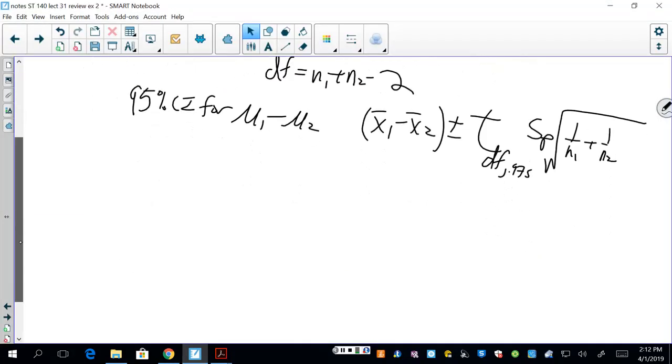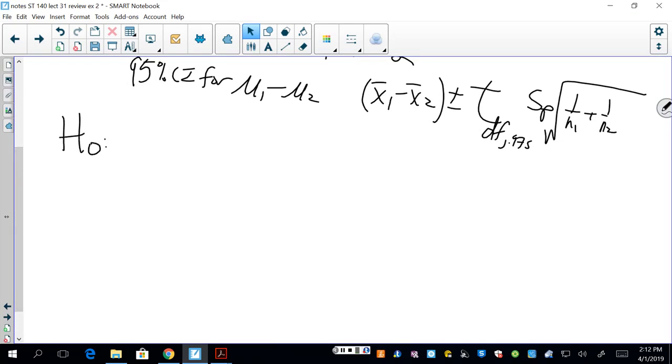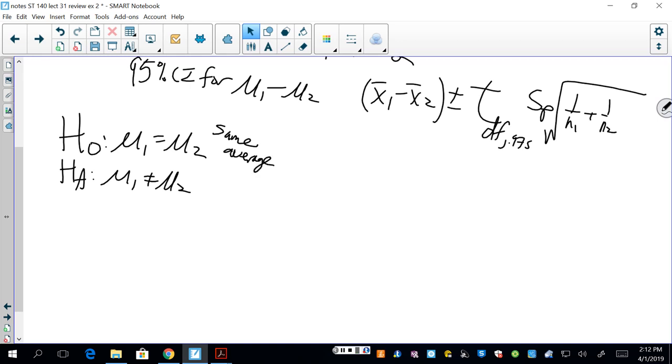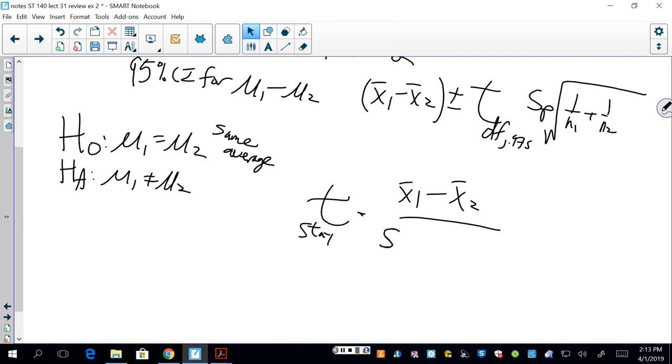The hypothesis test version of this is mu1 equal to mu2 versus mu1 not equal to mu2. So this one is the same average versus not. The t statistic that we calculate is x bar 1 minus x bar 2, divided by the standard error, and that's this same formula: S sub P times the square root of 1 over N1 plus 1 over N2.